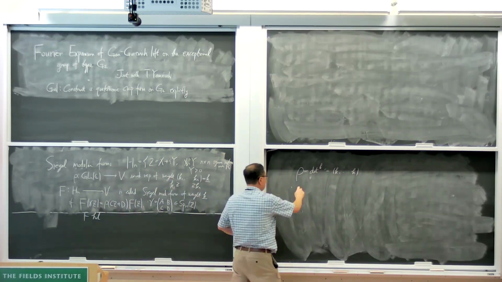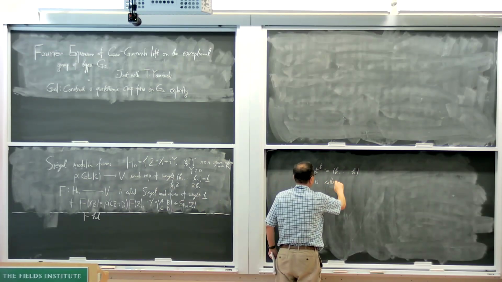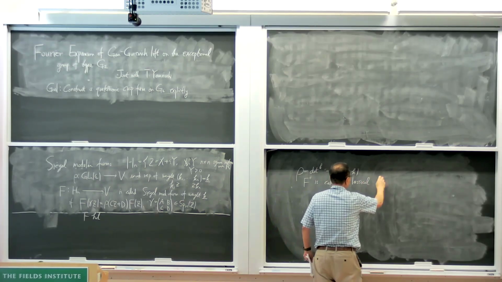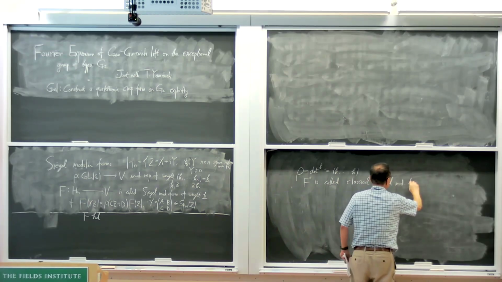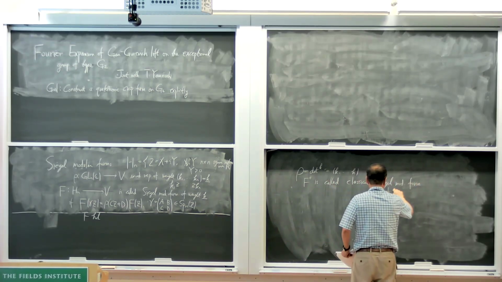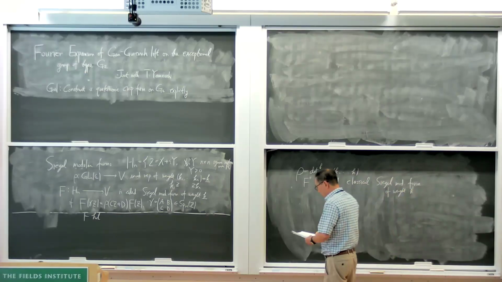then you get a scalar-valued Siegel modular form. So then F is called a classical Siegel modular form of weight k.